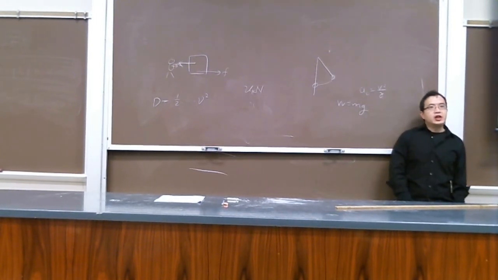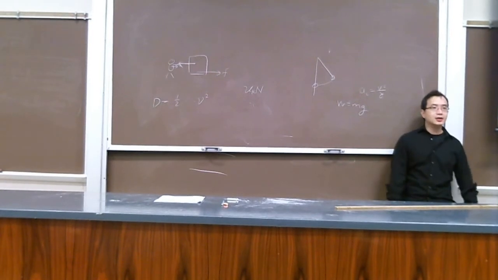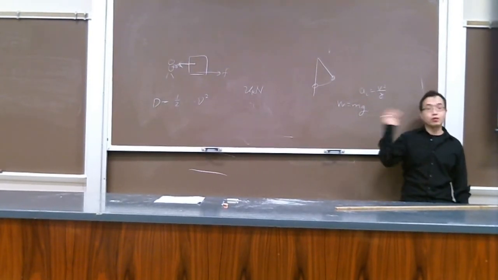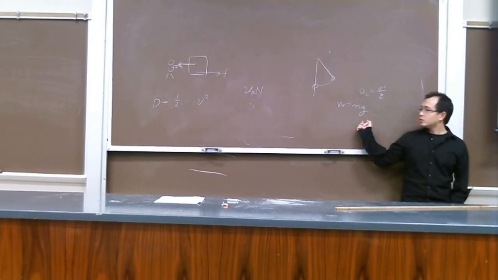It's a constant, approximately, if we consider a simple case close to the Earth's surface. Later we are going to study universal gravitation. If you consider gravitational force between, like, the Sun and the Earth, of course it depends on the distance. Some of you even asked me, should we consider that?